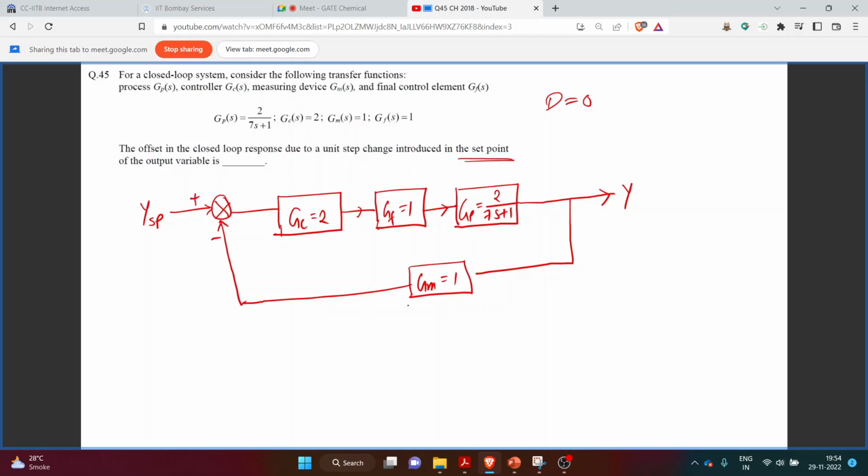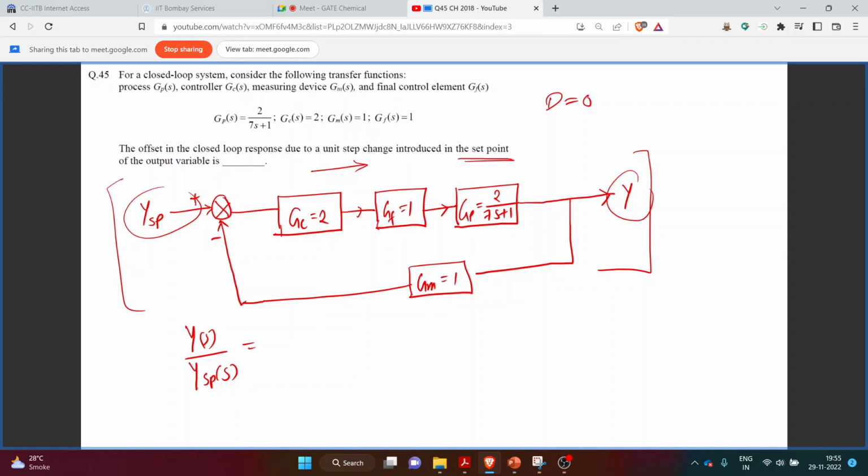Now if I have to write the transfer function corresponding to this entire closed loop system, we can write it as Y(s) upon YSP(s). So this upon this, so we will be going in this direction.